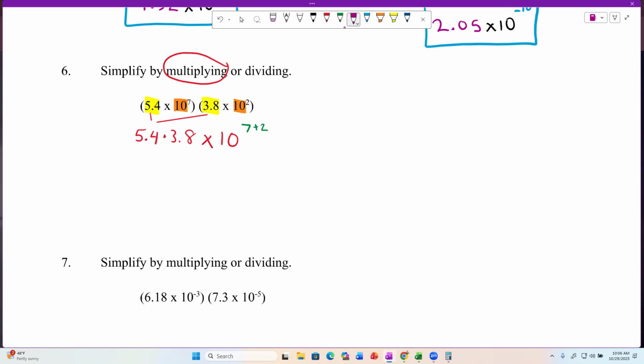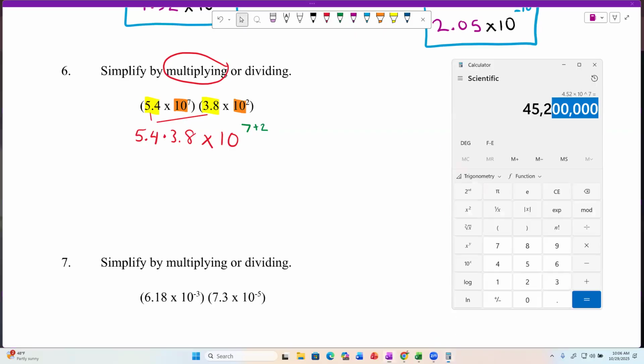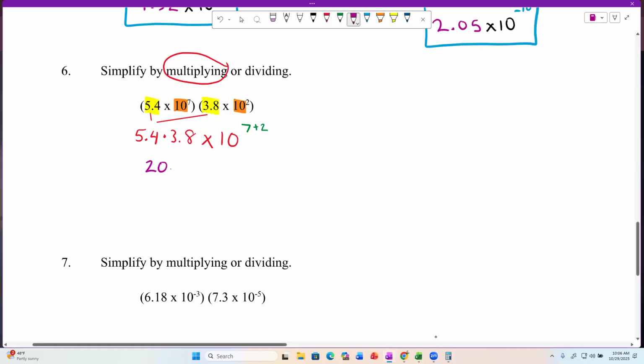So 5.4 times 3.8 is 20.52. Again, we're keeping the times 10. And then 7 plus 2 is 9.